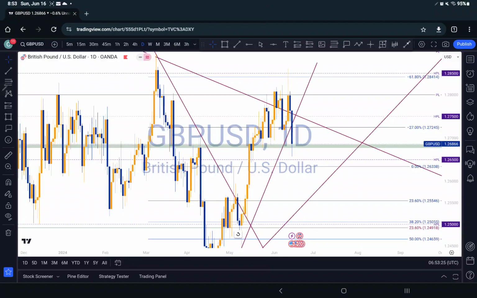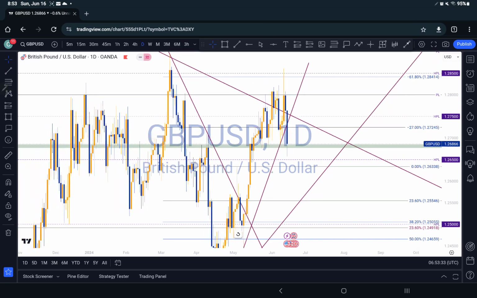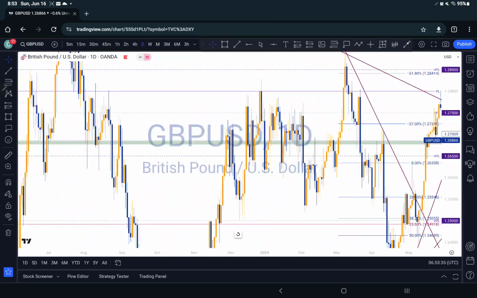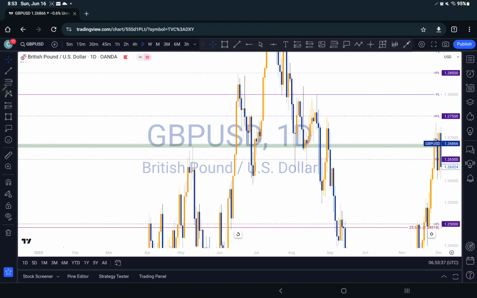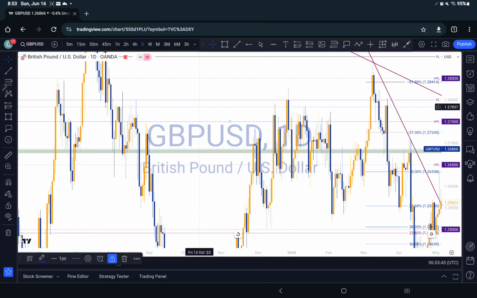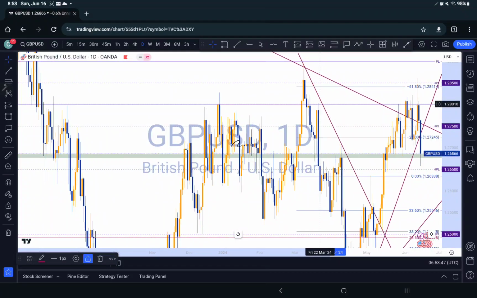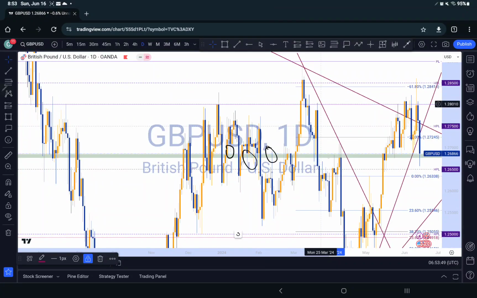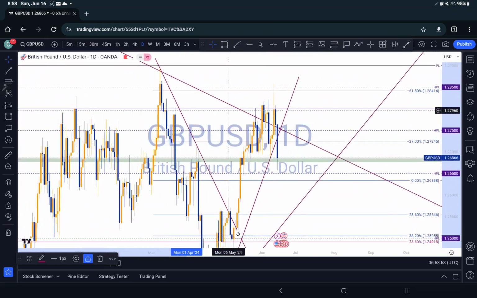we can see that yes, the market actually broke out of this area, but hasn't broken out of the zone right here. You can see if I zoom in and look at the previous price action, that's a quite sensitive zone right here. You can see rejection here, rejection here, rejection here, right? That's a pretty significant zone around that area because we rejected around that area quite a number of times.